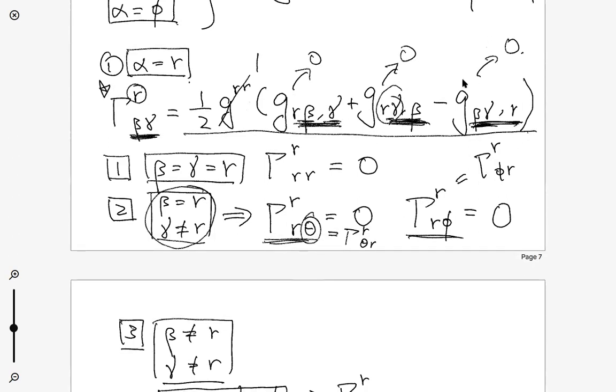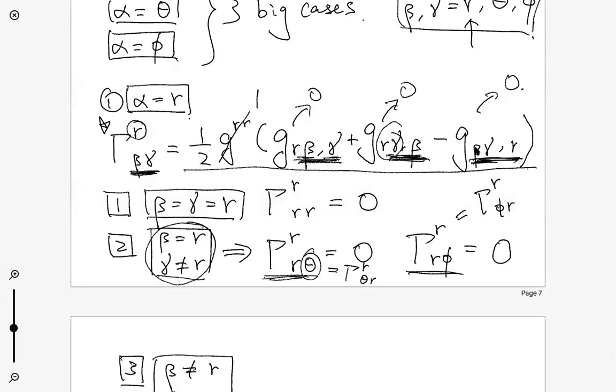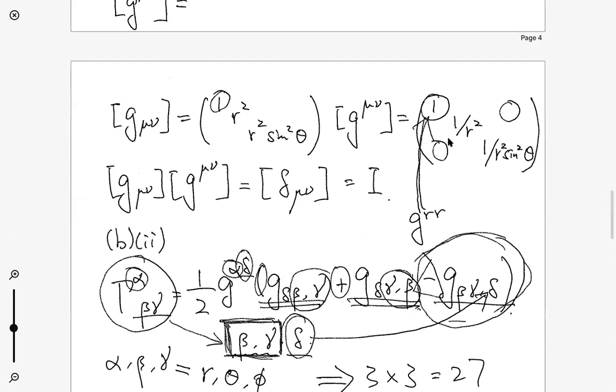But what about the last term here? We have G theta theta this time. Beta and gamma are theta, and G beta gamma becomes G theta theta. But G theta theta is not 0.